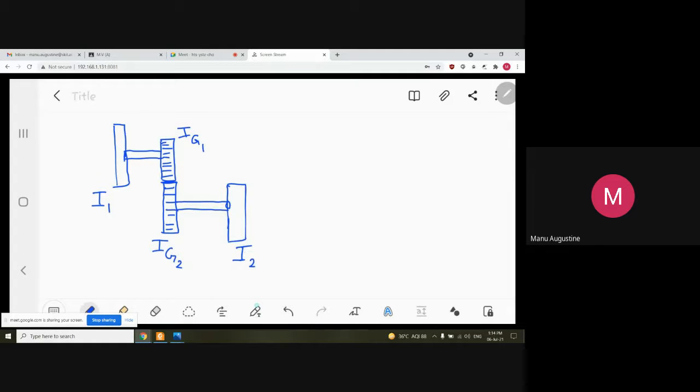Disk number 1 having inertia I1 is basically your motor, and disk number 2 having inertia I2 is basically representing your pump impeller. And the motor is running the pump with the help of a single stage reduction gear comprising the driving gear IG1 and driven gear IG2. So you see a real world system, but once again reduced to a problem of a simple line diagram.